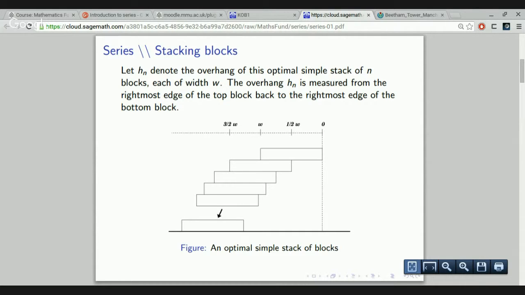So I'm just going to place it so that the center of gravity lies just on the edge of the bottom block, and then the whole thing will still balance. And I'll have increased the overhang slightly. Okay? Because the center of gravity is just ever so slightly to the left of the bottom block in the upper n-1 blocks.